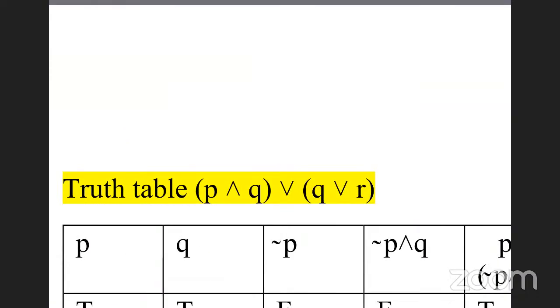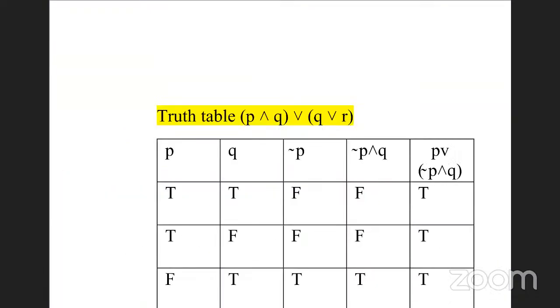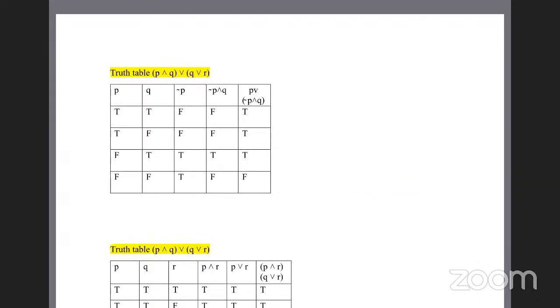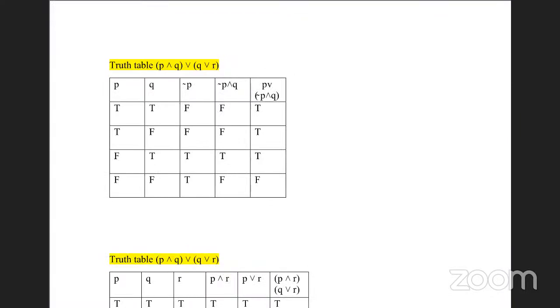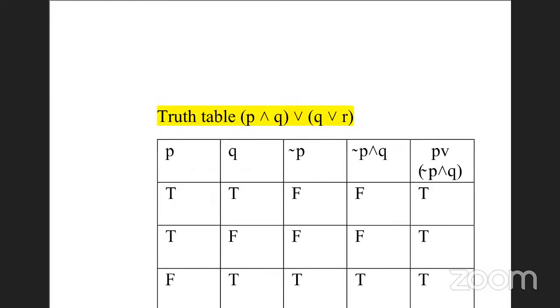Let's try that then. How many variables you have there? P, Q, and R. No, you wouldn't have 6, you would have 8.